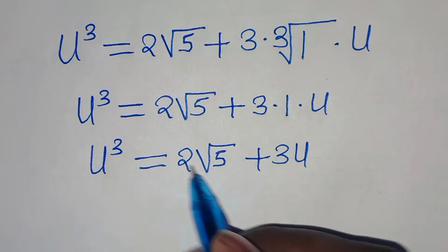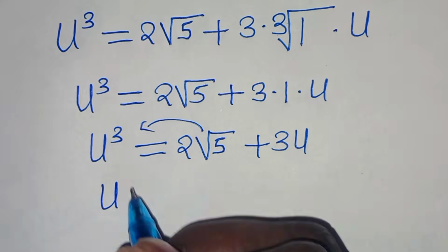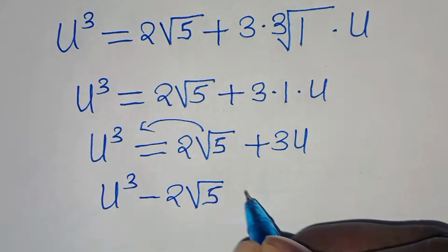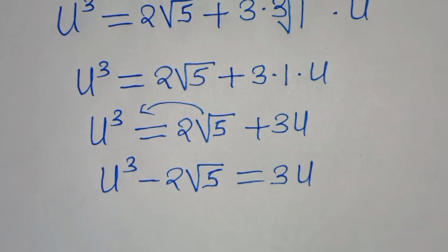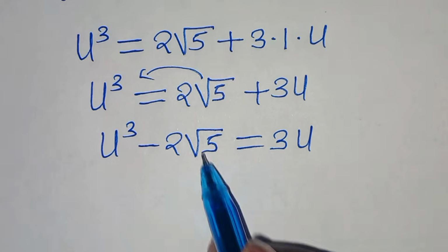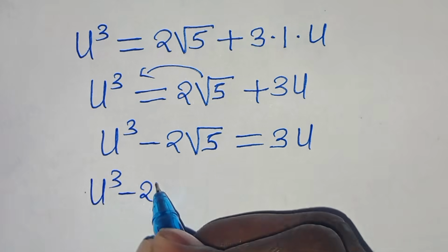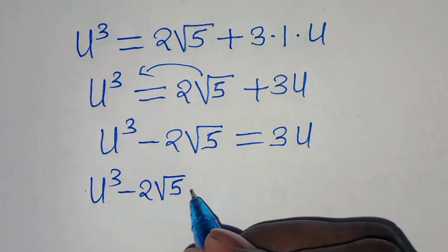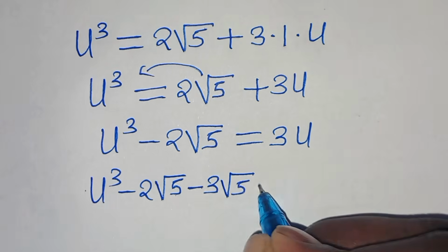Now, let's take 2 square root of 5 to the left-hand side, so that we have u to the power of 3 minus 2 square root of 5 equal to 3u. Now, without altering the equation, let's subtract 3 square root of 5 on both sides.